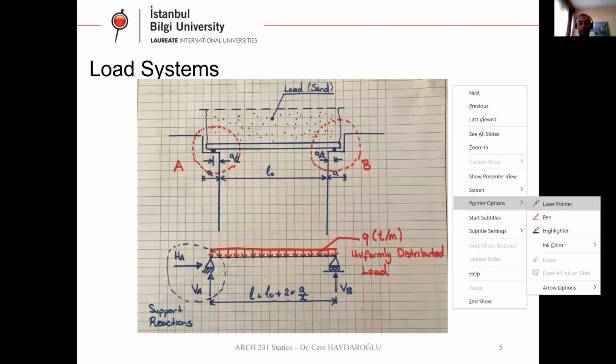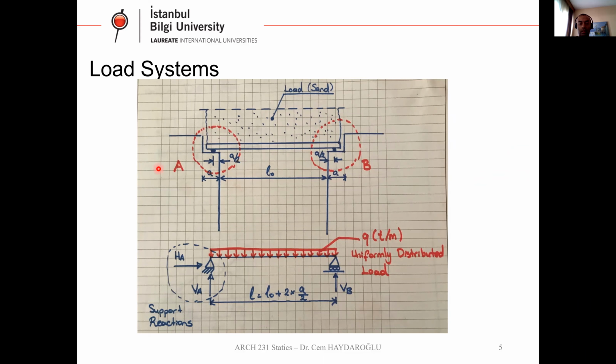As you can see here, we have an abutment or a support system at the left-hand side and the right-hand side. Between these supports, there is a beam. On top of this beam, there is a soil load. So there is soil, sand. We are carrying soil with this beam between these two supports.